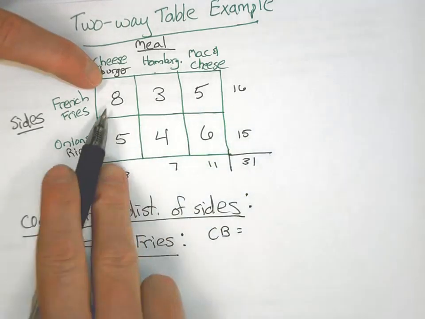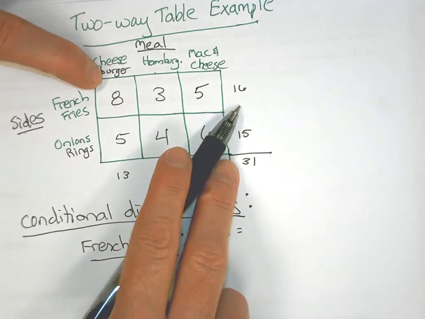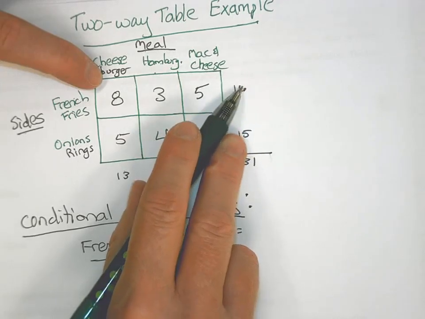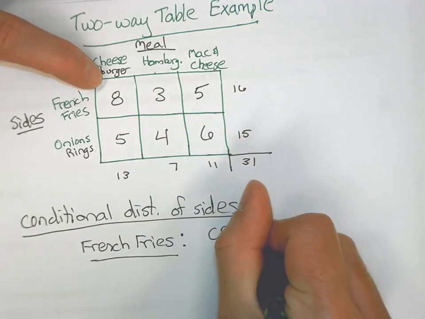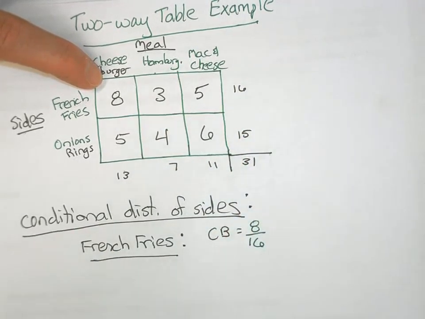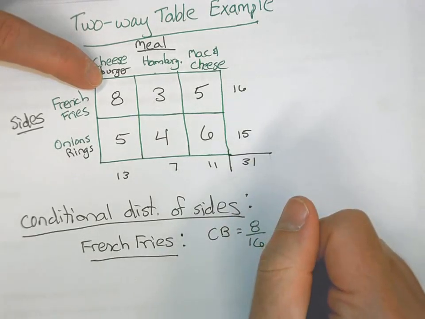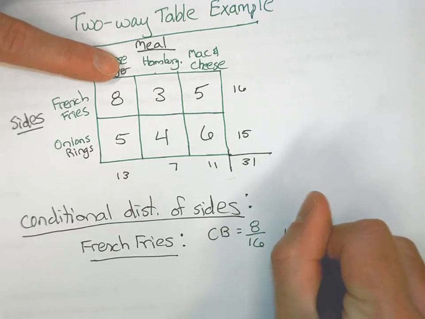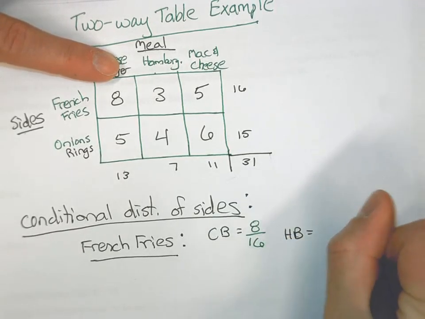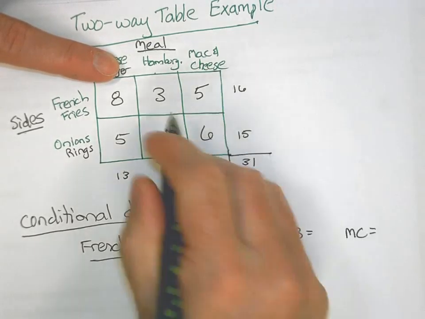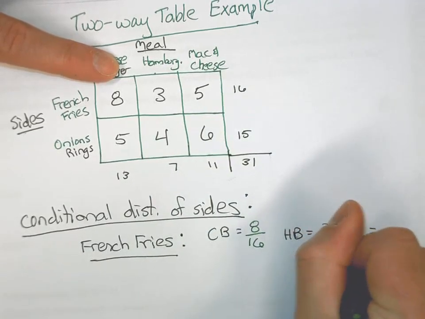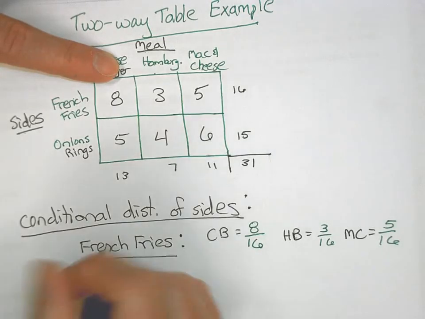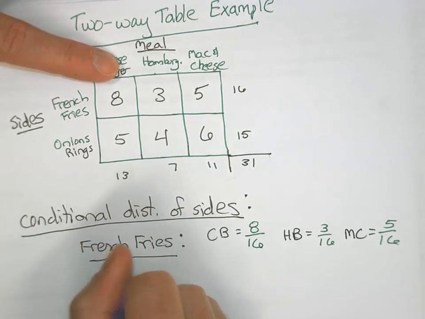Is that 8 out of 16? So it's that cell over the row total. So that's 8 out of 16. And then I also have hamburger, call it HB, and mac and cheese. Hamburger is 3 out of 16. Mac and cheese is 5 out of 16. And then those for onion rings.